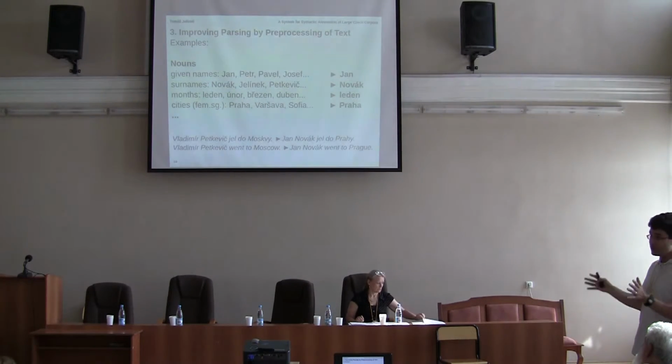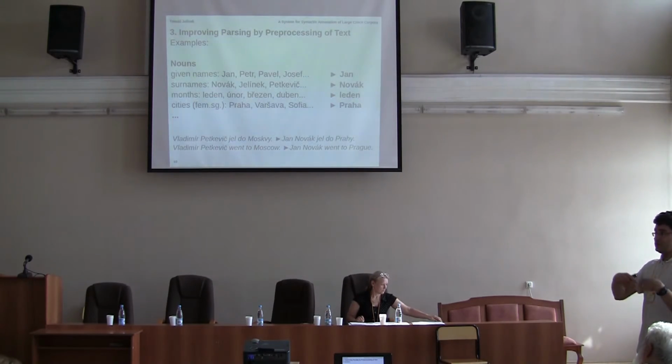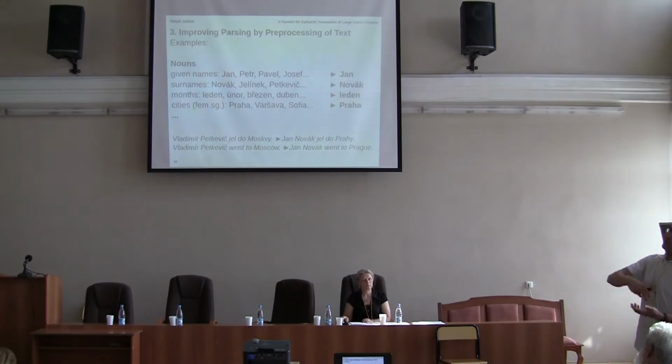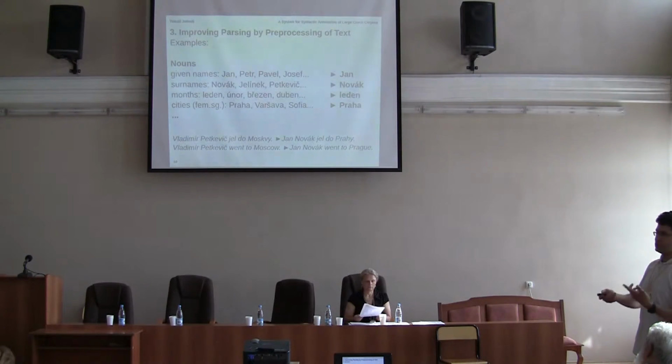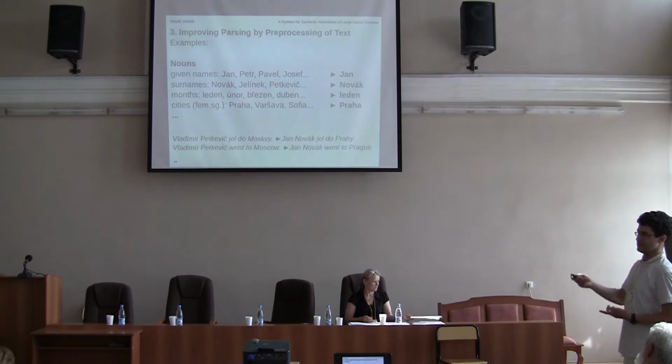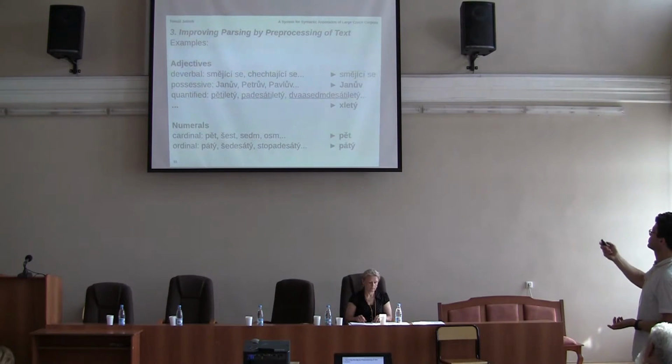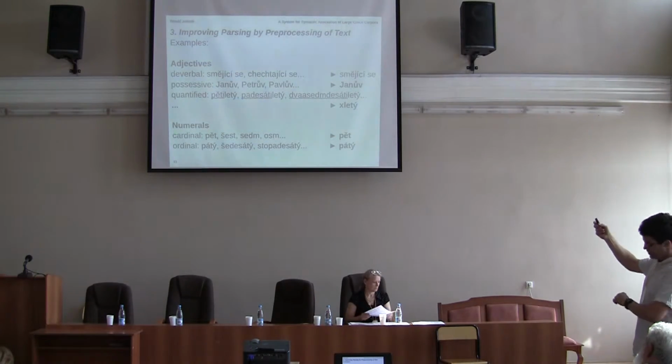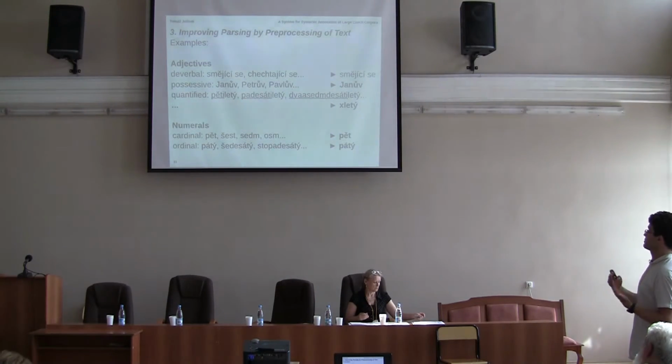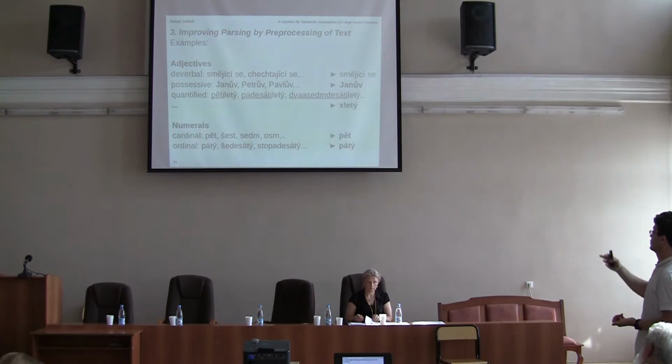And we keep, of course, the information somewhere else, and when the parsing is done, we give back the information, so we reconstruct the text, but with a better syntactic annotation. We change in a similar way, we replace many groups of adjectives, numerals, and so on.